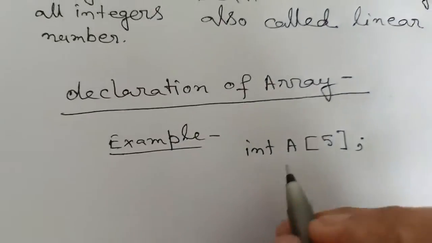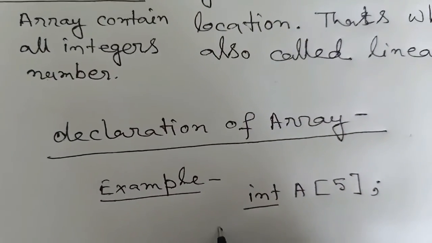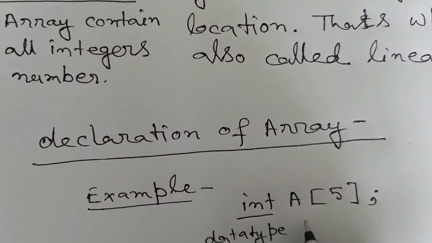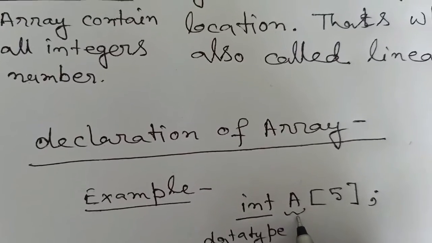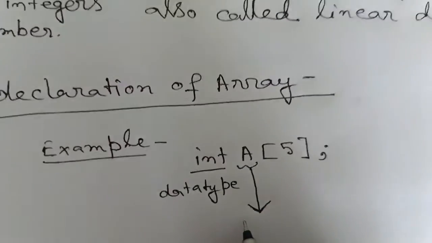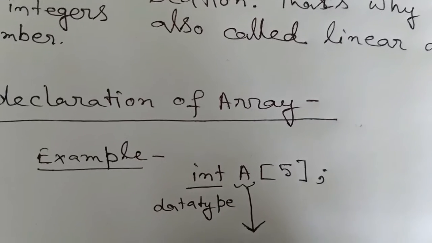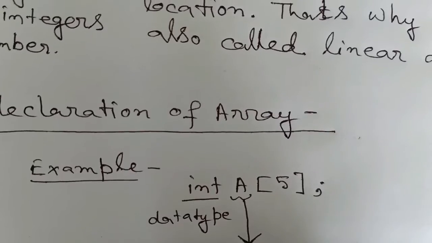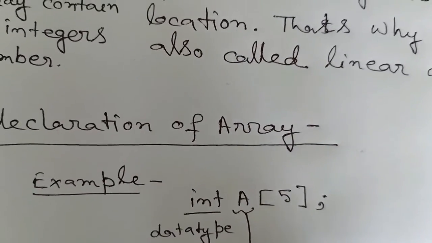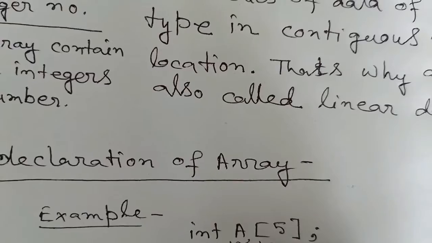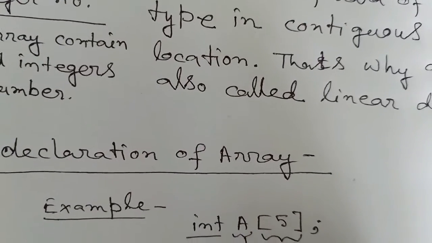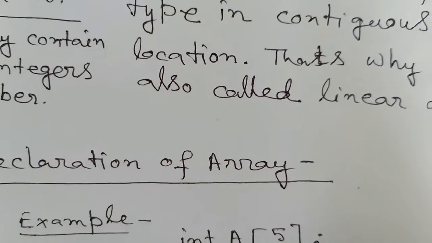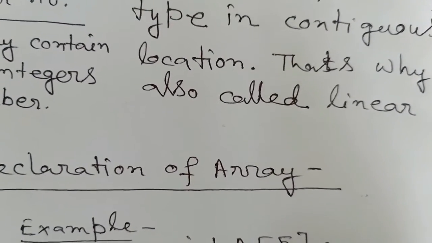That means int is the data type, a is the array name, and within this third bracket we have mentioned the size of the array.